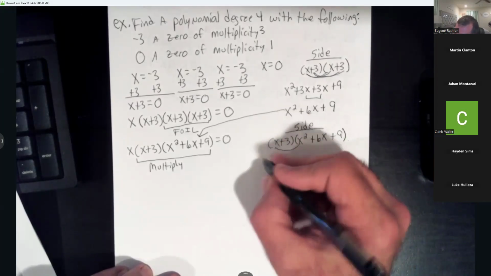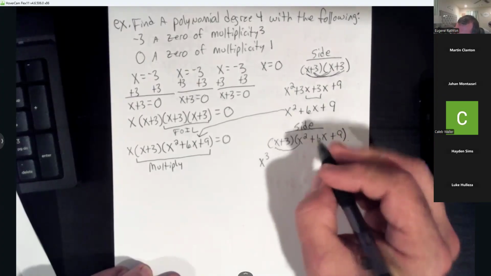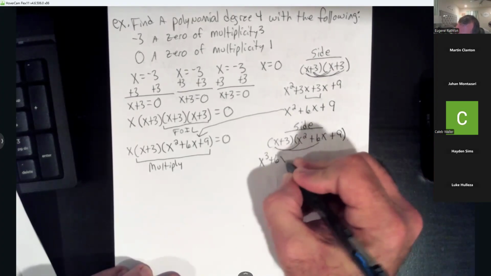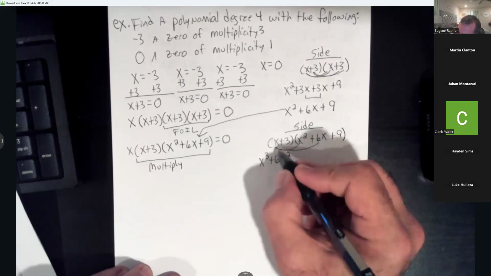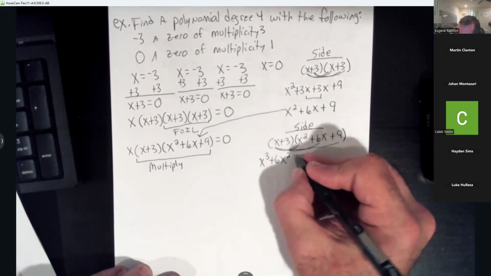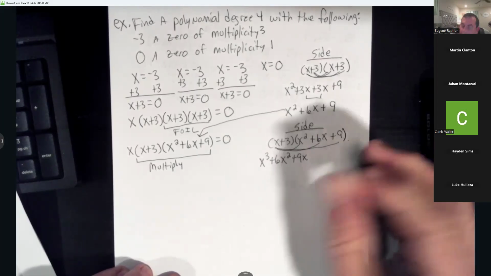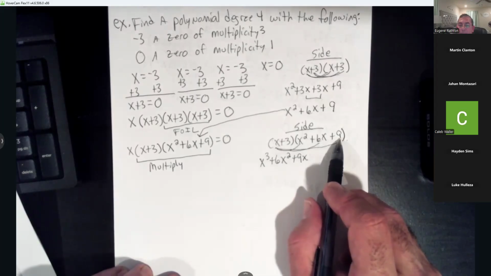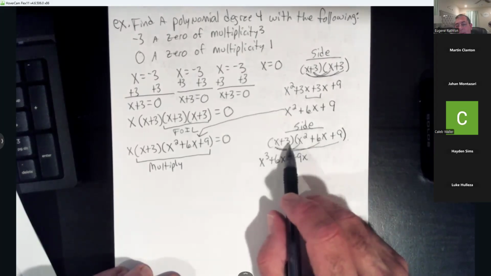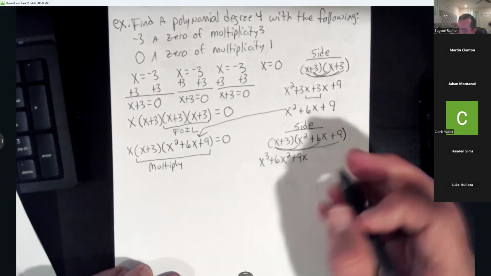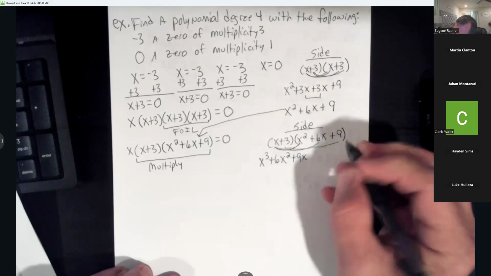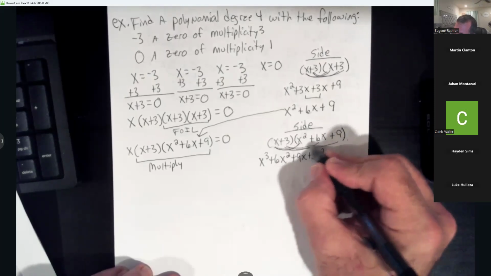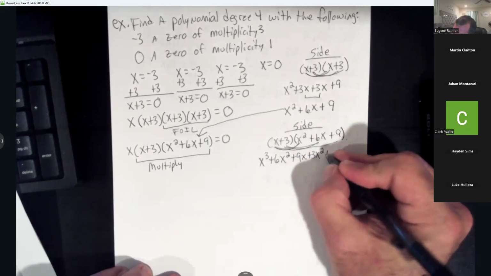X times x squared is an x cubed. X times 6x is a 6x squared. X times 9 is 9x. So when you multiply by x, you just added 1 to the exponent on everybody. Now we're multiplying everybody by 3 over here. So 3 times x squared is 3x squared. 3 times 6x is 18x.